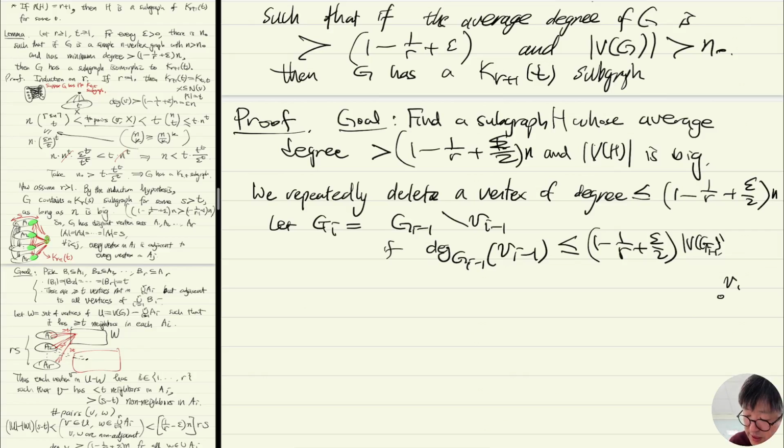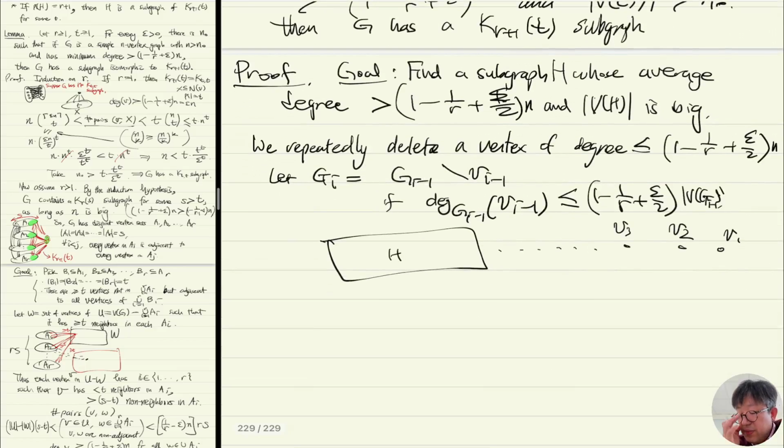Right, so we keep deleting vertices and then we end up with the graph. The process must stop because eventually the graph will be too small. Right, if you have one vertex, you never delete any further. Okay, now how many edges do we remove?